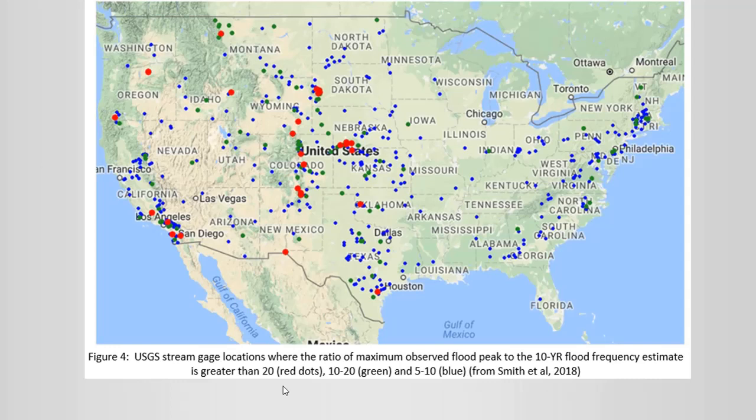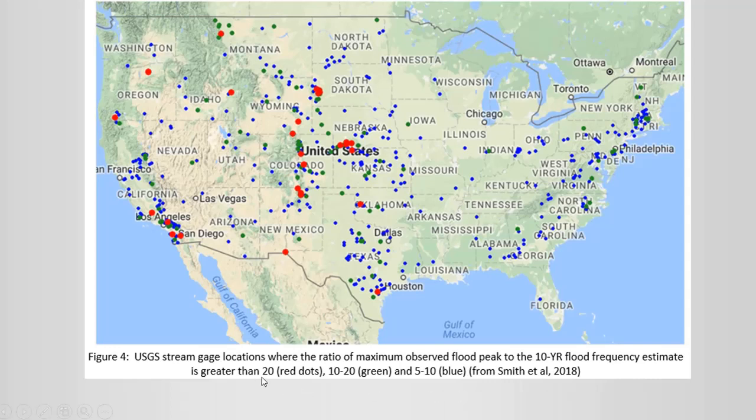They took the USGS peak flow database and calculated what they called an upper tail ratio, which is an observed flood peak flow divided by a 10-year flood frequency estimate at that same location. You can imagine the farther out on the tail of the distribution that observed flood was, the bigger that ratio.